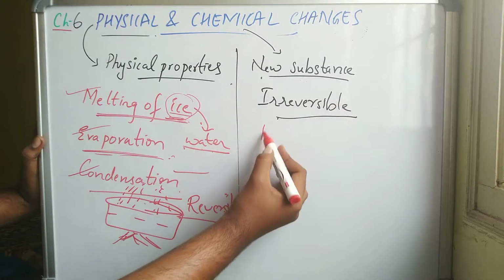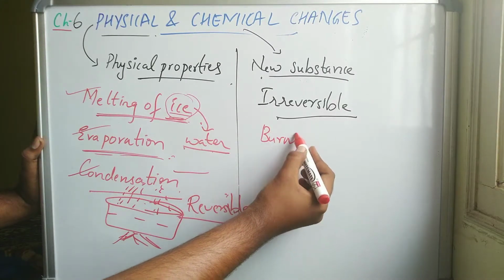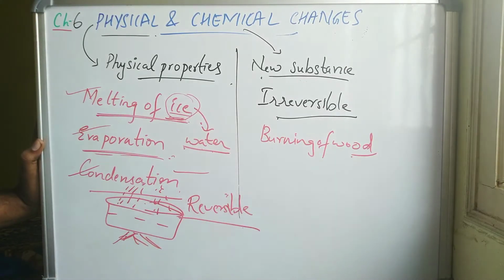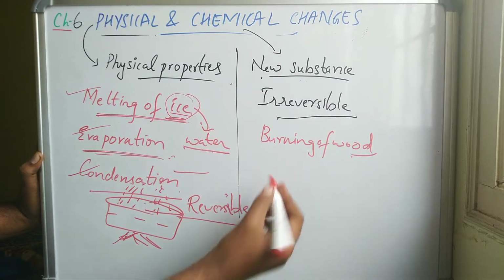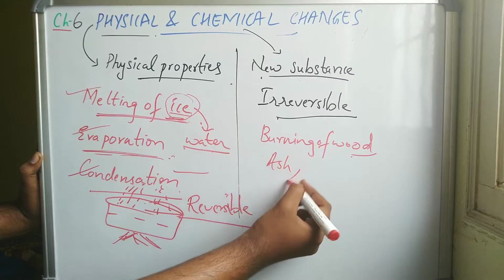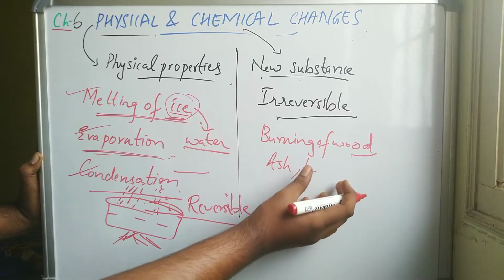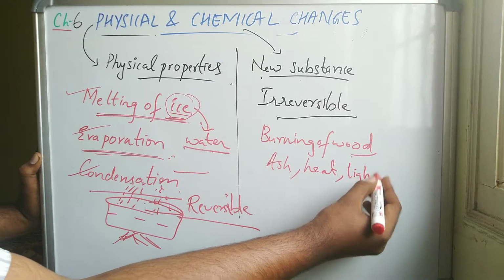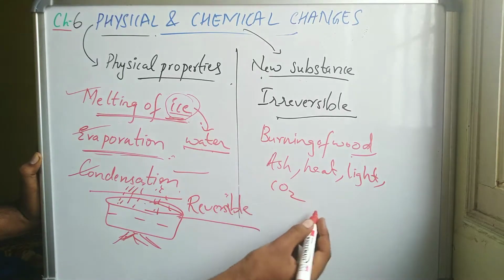Moving on to the chemical change. I can take the example of burning of wood. Burning of wood basically gives a new substance. What is the substance? We can say ashes, heat is produced, light energy, and carbon dioxide, CO2, is produced.